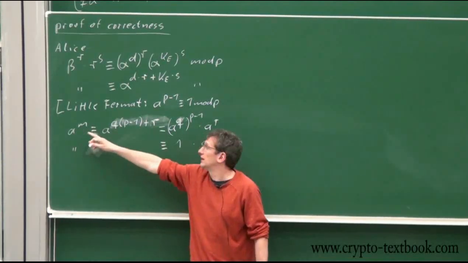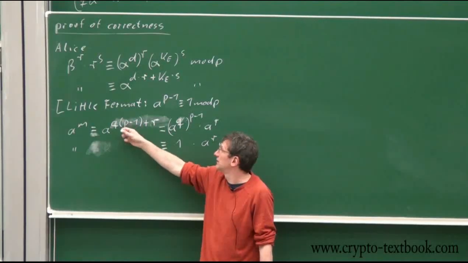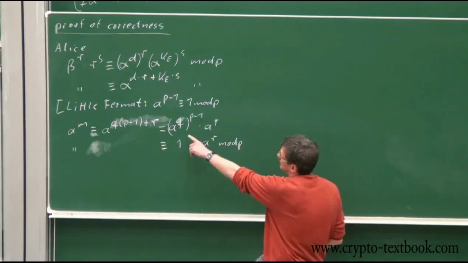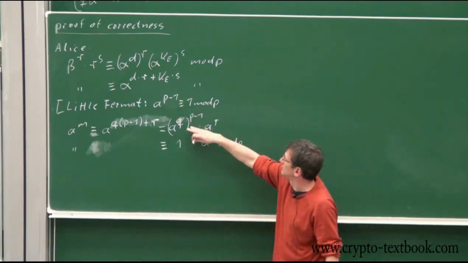So what I'm doing here, I'm splitting m into a multiple of p minus 1 plus r, and then I just rewrite it in this form here.